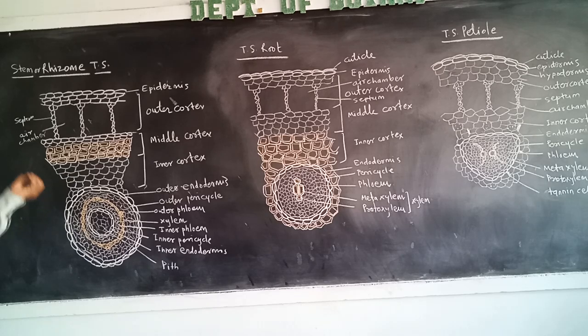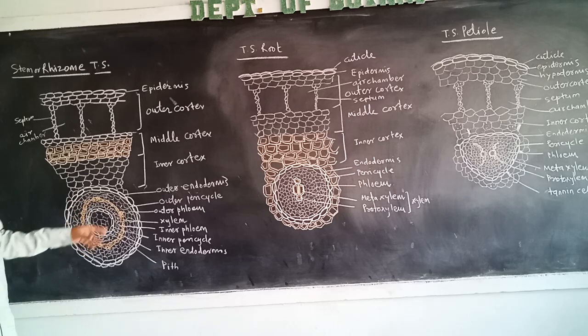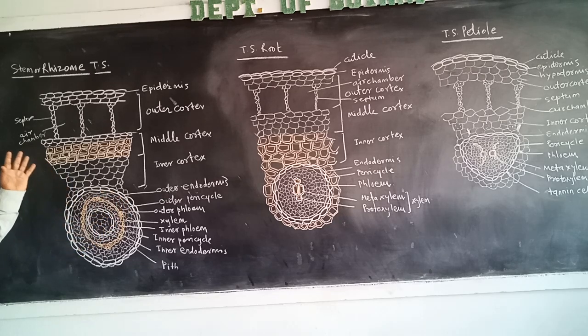In the rhizome of Marsilea, the vascular bundle is of amphiphloic siphonostele type. Amphiphloic siphonostele means the xylem is surrounded on the outer side as well as the inner side by outer phloem and inner phloem.